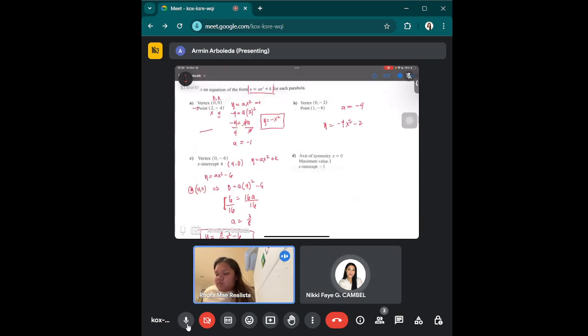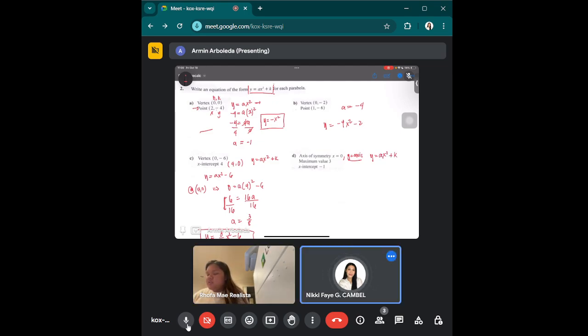So here for letter D, we have the axis of symmetry x is equal to 0. What is this telling us? This is the y-axis. If it's about the y-axis, it's going to use the standard form y equals a x squared plus b.